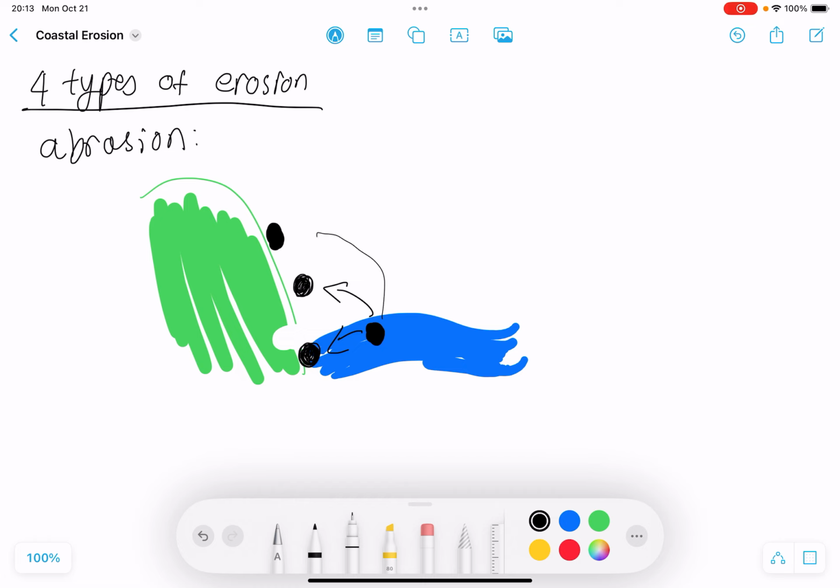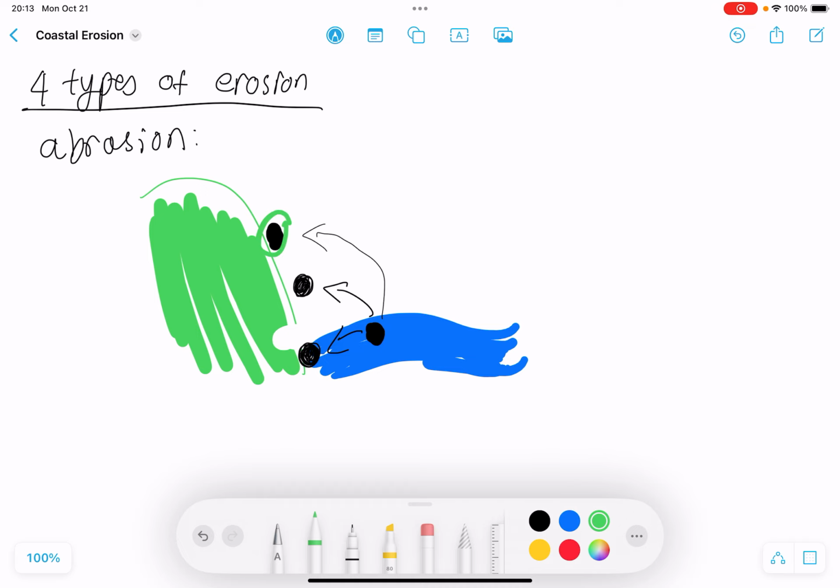So what this means is that more parts of the coastline, for example this cliff, will wear away, because when this rock bangs onto the cliff, there's friction. When you bang two heavy rocks together, some small parts of the rock wear away, because this entire cliff is essentially a huge rock sitting there. It's just really huge, so we call it a different name, a cliff.